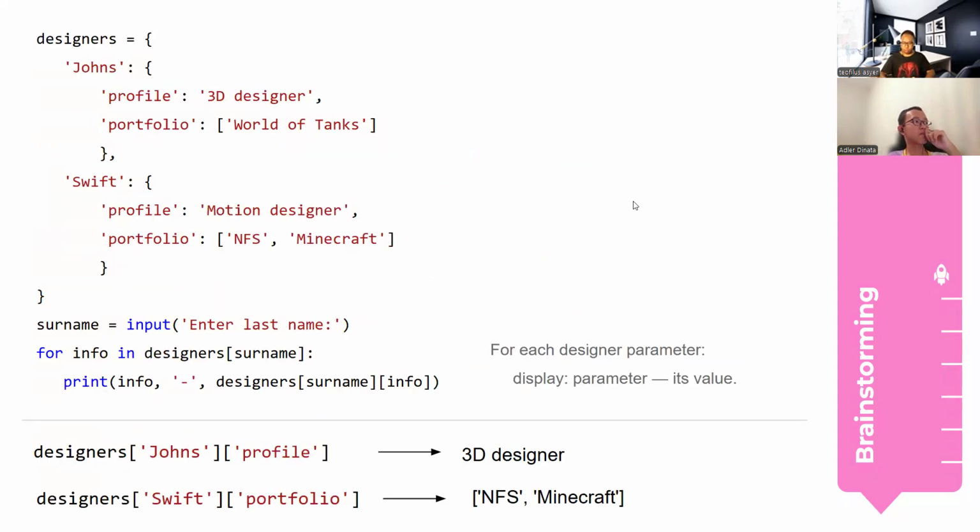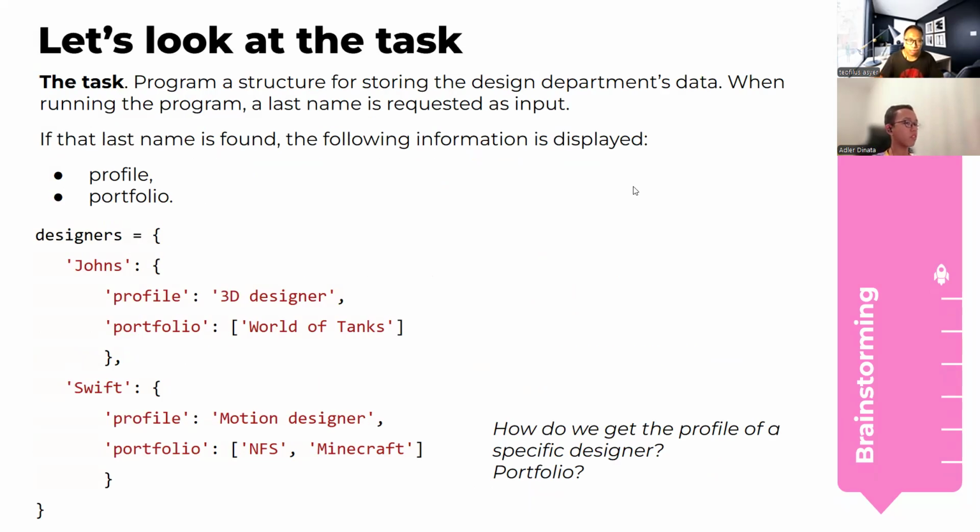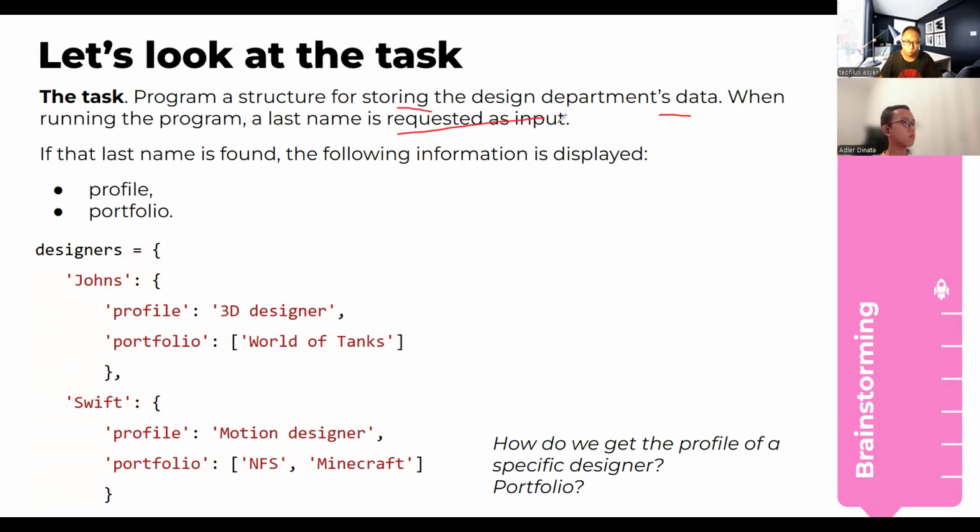So here, let's talk about an example. Let's say that we have to finish an example like this one. Program structure for storing the department data. When running the program, a last name is requested as input.